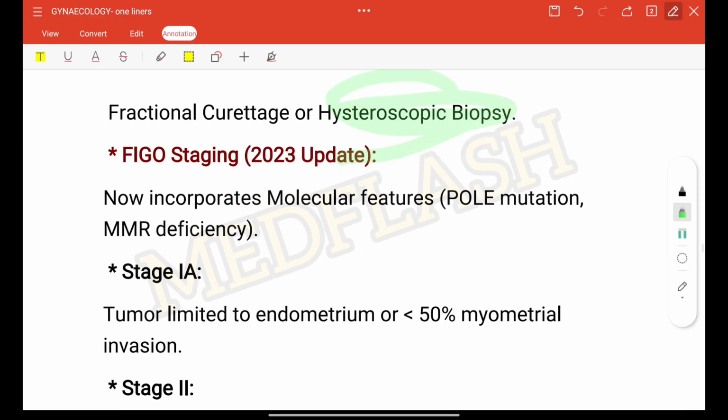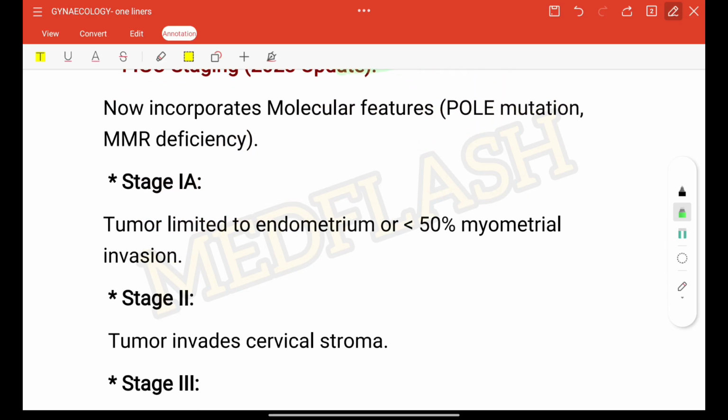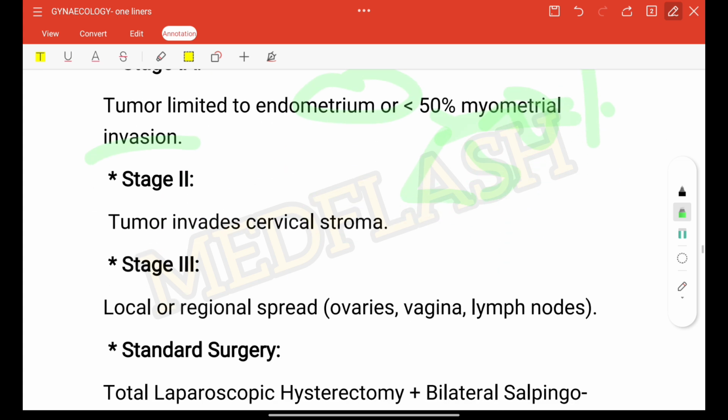FIGO staging of endometrial cancer, 2023 update. Stage 1A, tumor limited to endometrium or less than 50% myometrial invasion. Stage 2, tumor invades cervical stroma.